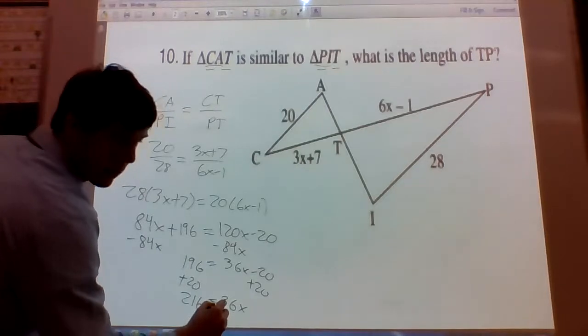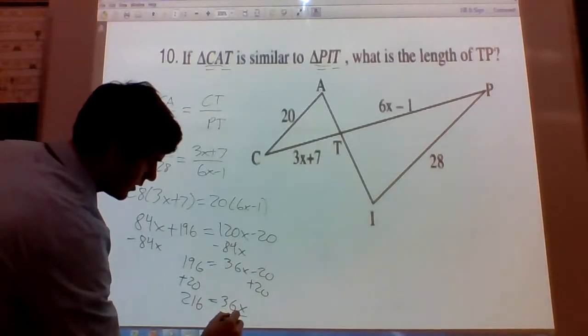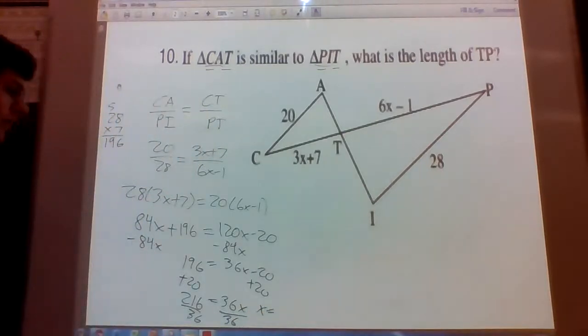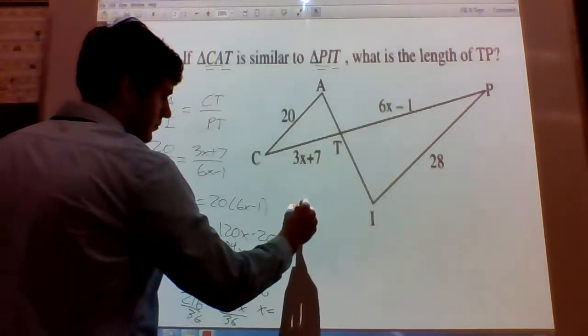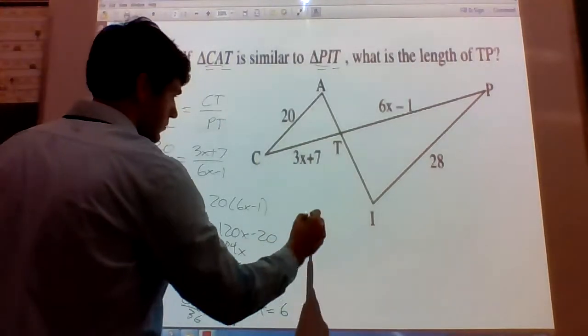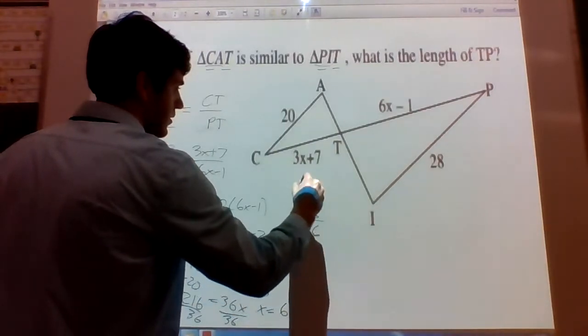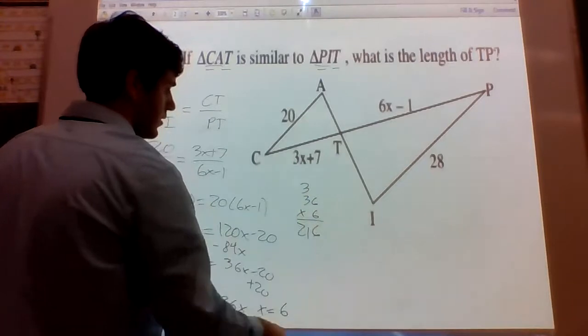Divide by 36. X is going to equal 6. Yep, 6.